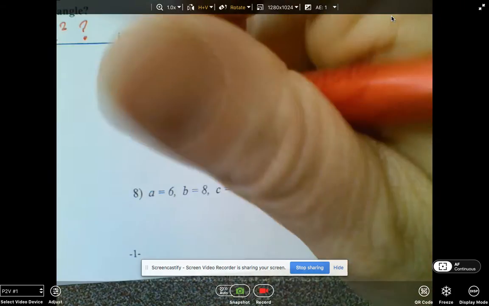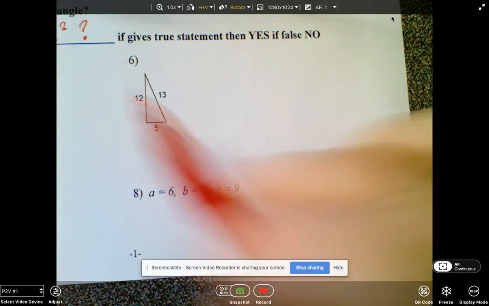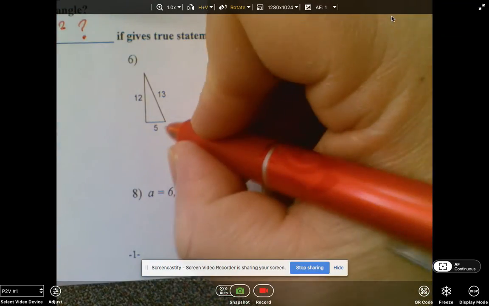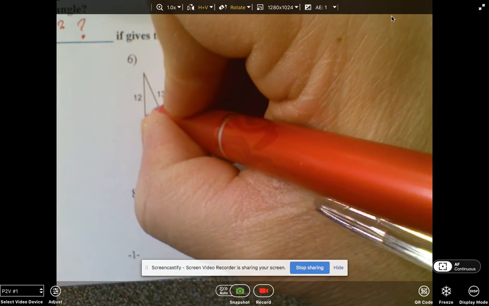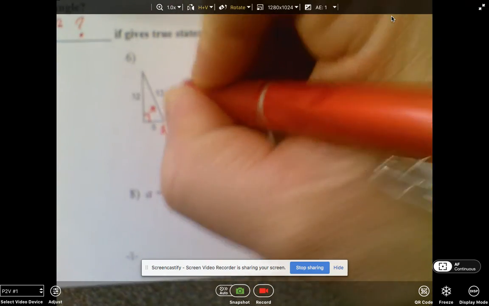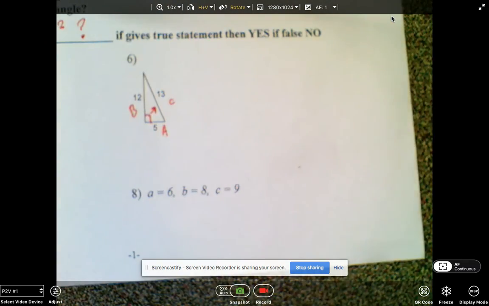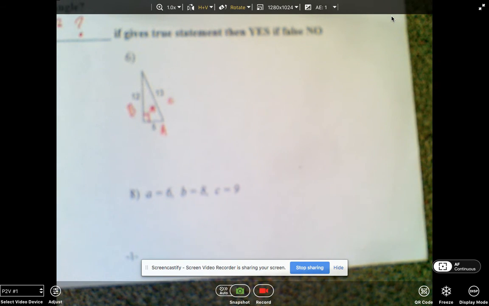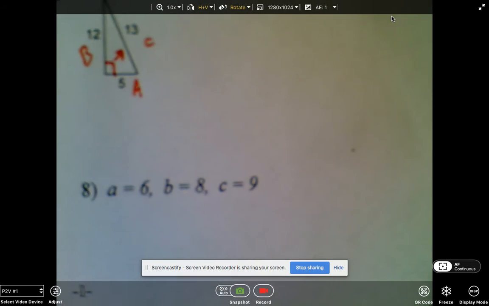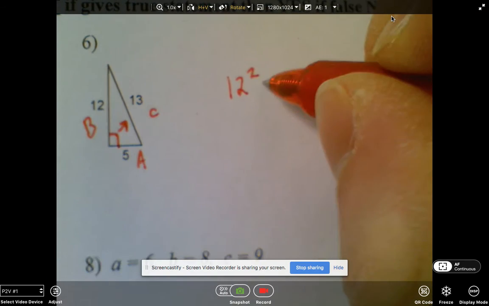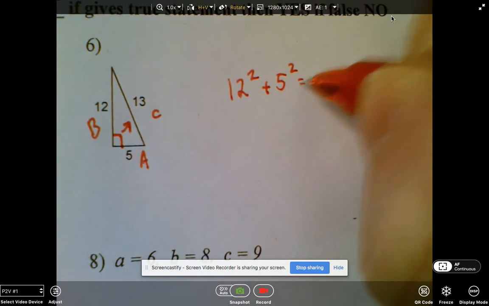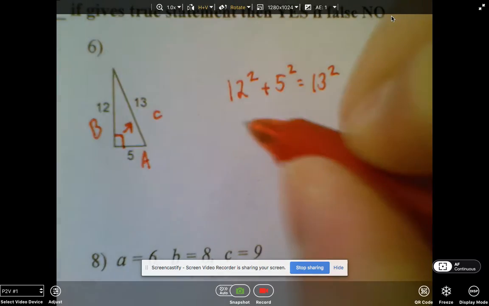So now nothing's missing. We're given the three sides. And so if we do this, this would be A. This is my right angle, sorry. So this would be C, and this would be B. So now I'm going to actually plug it into the Pythagorean theorem to see if this is true. So I'm left with 12 squared plus 5 squared equals 13 squared.